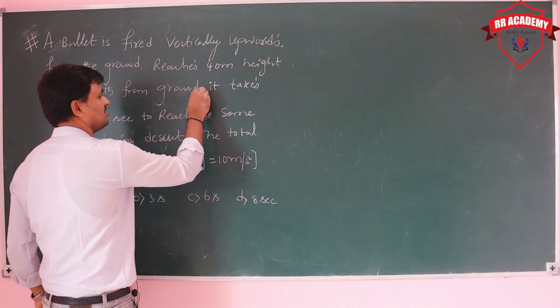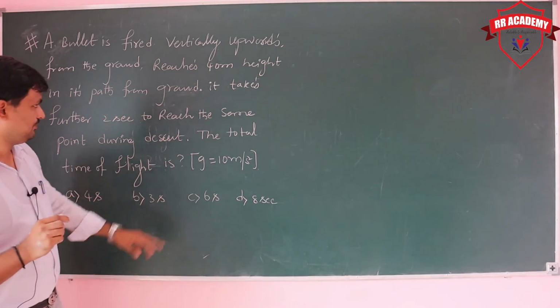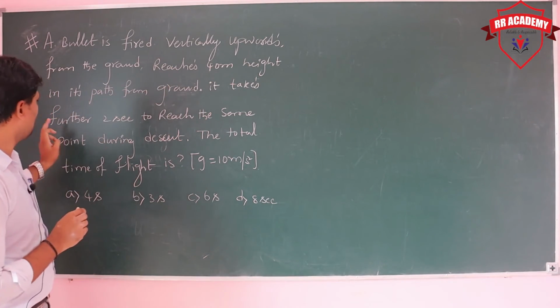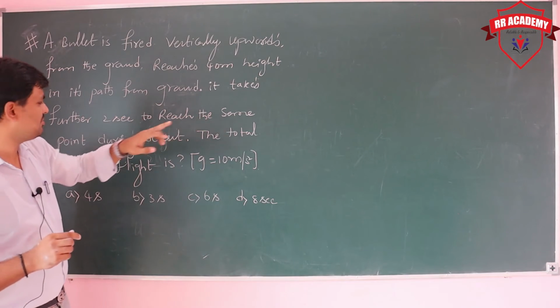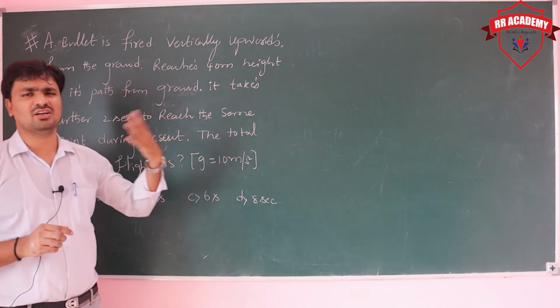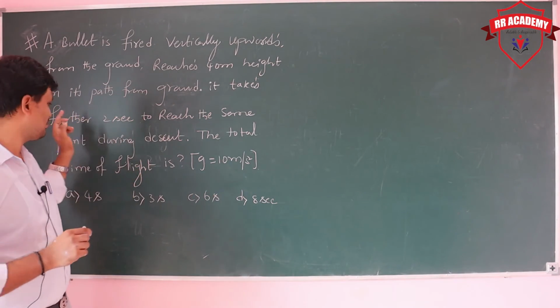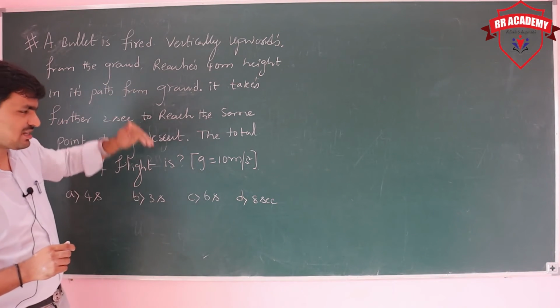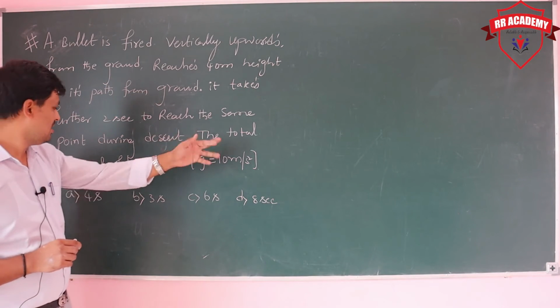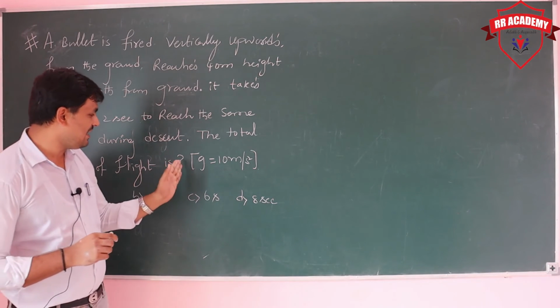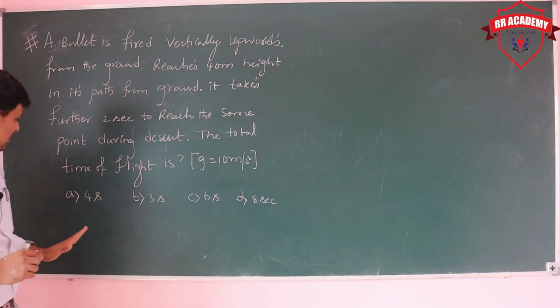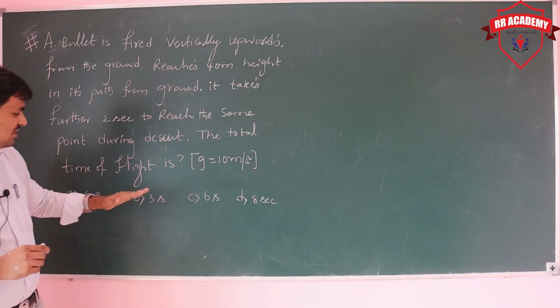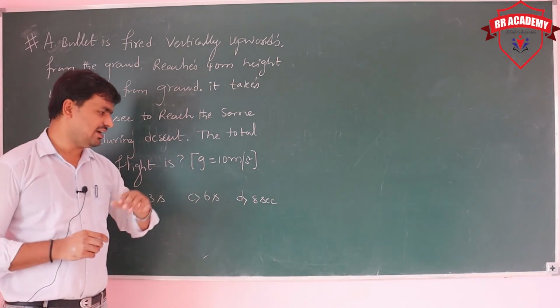It takes a further 2 seconds to reach the same point during descent, which is coming downwards, again taking 2 seconds. The total time of flight is how much? 4 seconds, 3 seconds, 6 seconds, or 8 seconds?